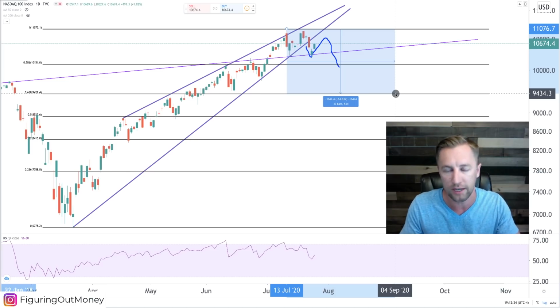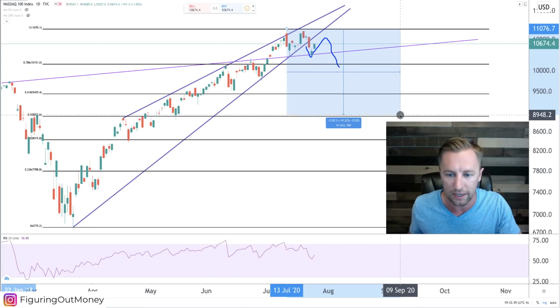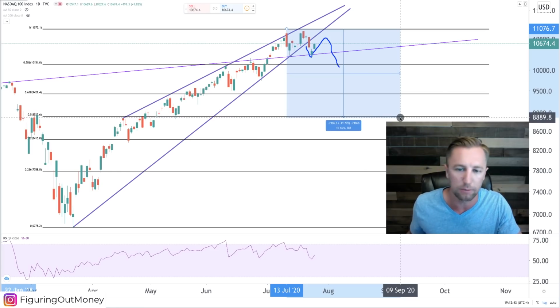A 20% drop on one of these indexes would be considered a bear market. This type of drop down to that 61% retracement level would be 15% down. So we would need to see it really come down to this 50% retracement level, just a little bit more, in order to technically call it back into a bear market.